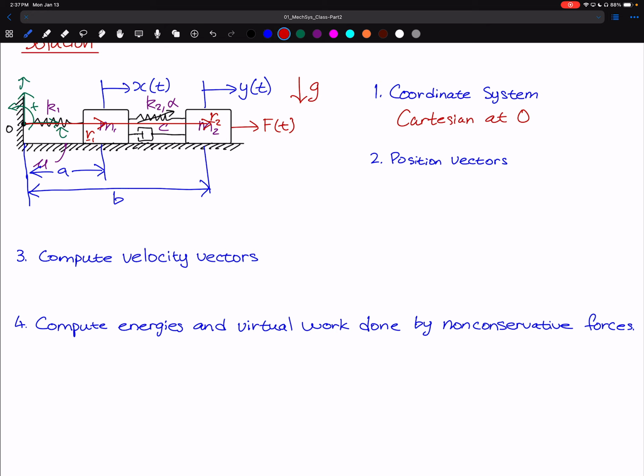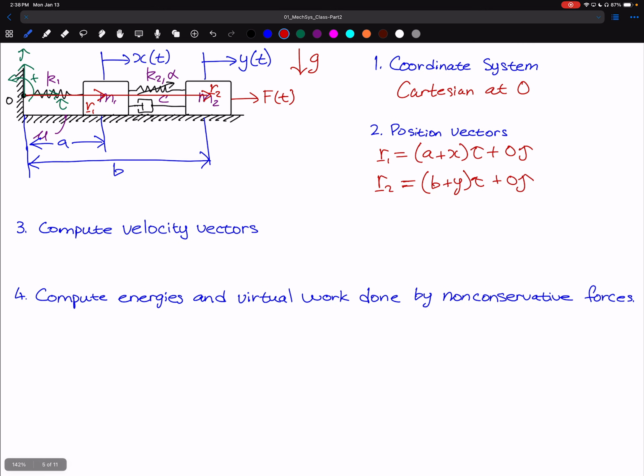So then our position vectors are R1 equals A plus x, where x is a function of t, in the I direction, plus 0 J. R2 equals, in this case, b plus y in the I direction, plus 0 J.